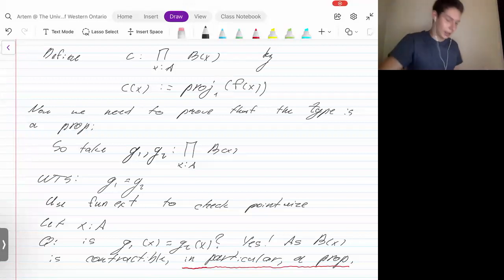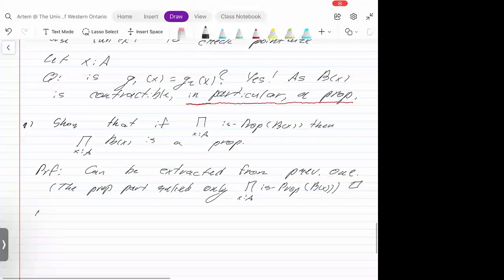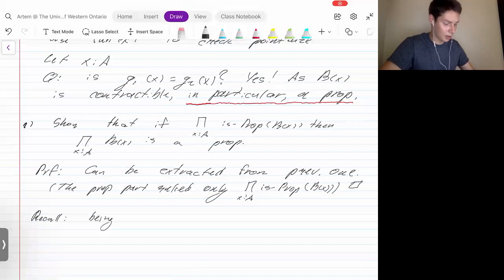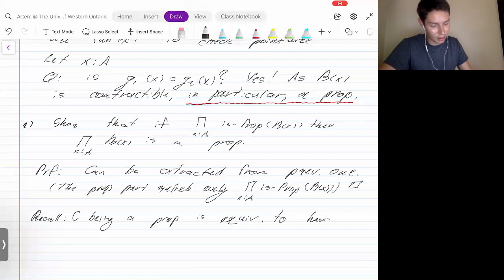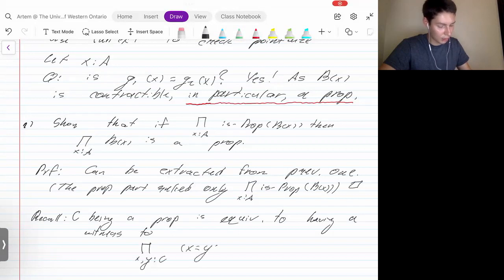So no, we don't need that. Recall that C being a proposition is equivalent to having a witness to, for all X and Y in C, X equals Y, right?